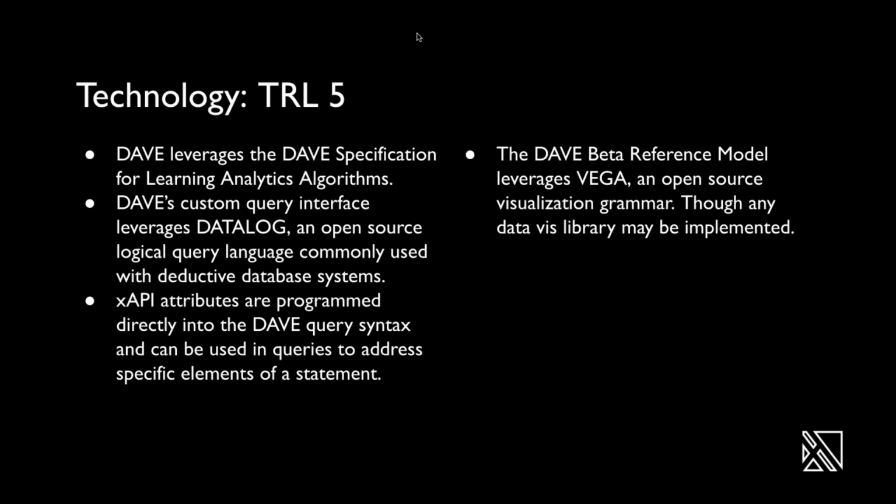The Dave beta reference model leverages Vega, as we mentioned. This is an open source visualization grammar. This is our preference for the reference model, though any data viz library may be implemented.